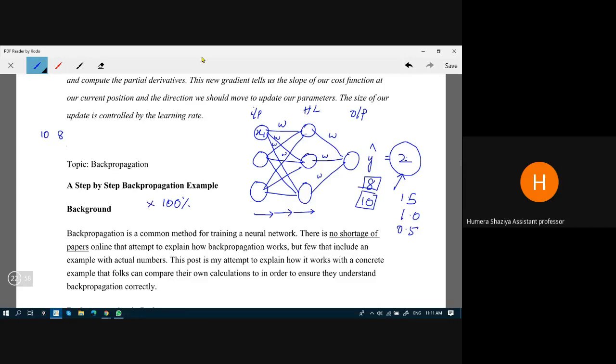The 100% accuracy mostly is not achievable, and here we try to minimize the error by back propagating the error on all the paths such that these weights get adjusted or updated, and these weights next time will be different from the previous iteration, and perhaps you get an error which has been reduced.